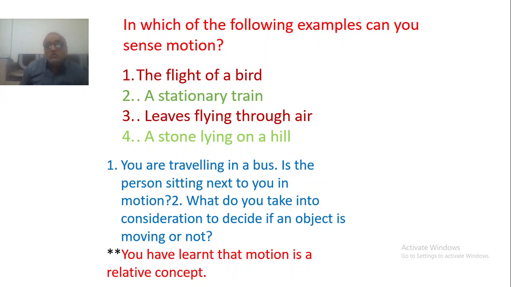But with respect to the surrounding, he is in motion. What do you take into consideration to decide if an object is moving or not? That if any object changes its position with respect to the observer or surrounding, then we say that it is in motion. So you have learned that motion is a relative concept.